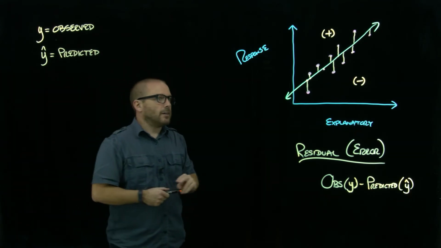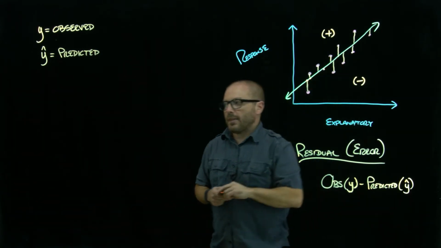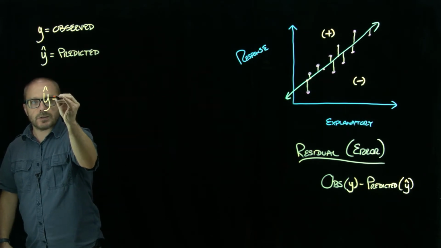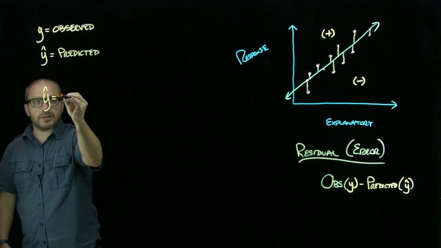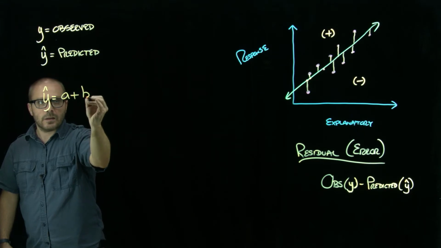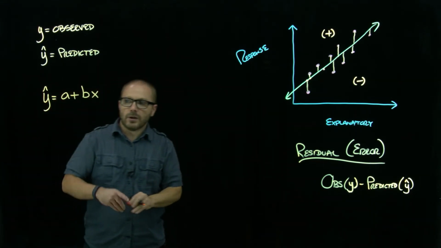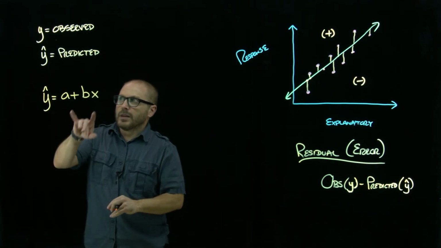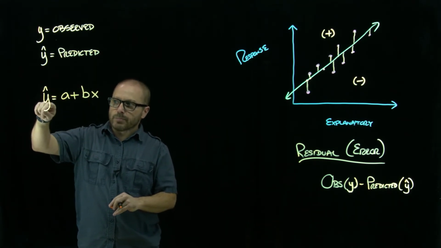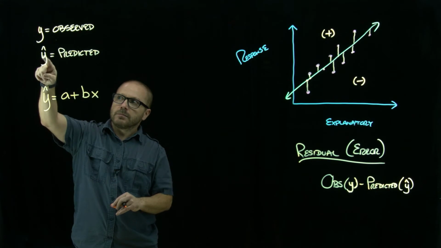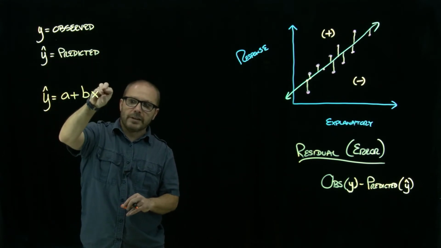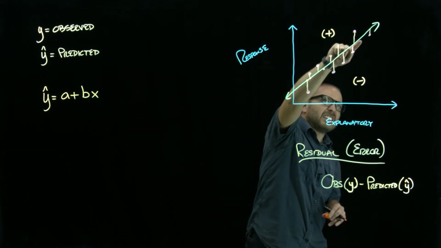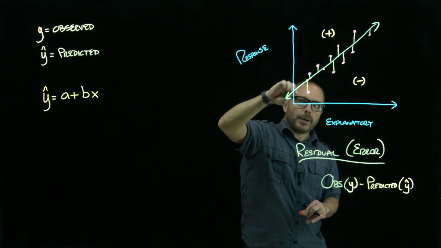So the y hat is the y off the actual line there. We know from algebra what a linear equation looks like. The notation's a little bit different in statistics, but you have some a and b there that describes the line. This equation predicts y values, hence the y hat. For any given x, this line predicts a y value. Those are the y's on the line.